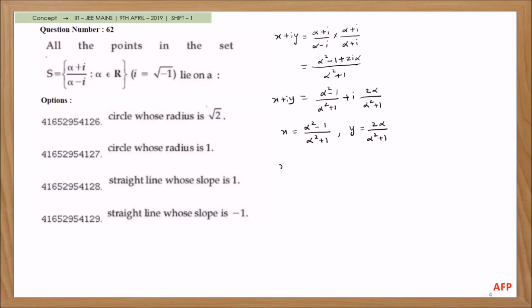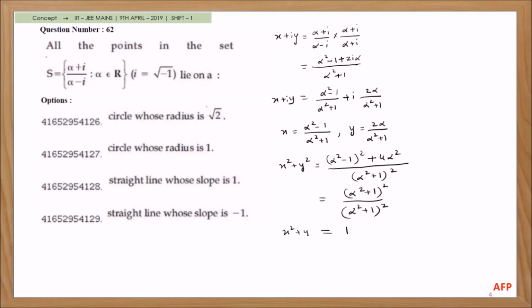Squaring and adding, you get alpha square minus 1 whole square plus 4 alpha square divided by alpha square plus 1 whole square, which is alpha square plus 1 whole square divided by alpha square plus 1 whole square, which is 1. So x square plus y square equals 1.